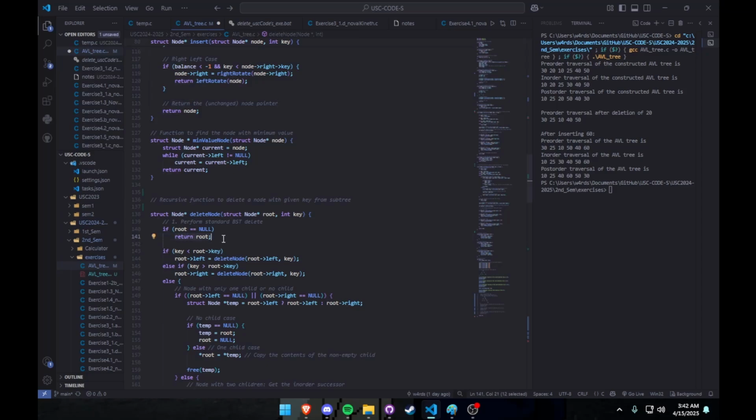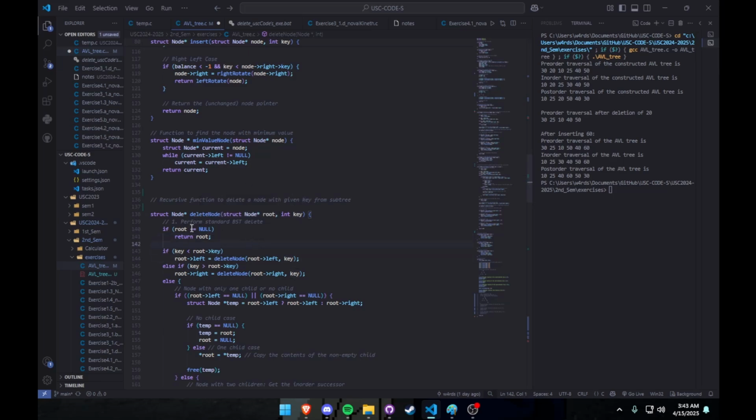If it is, then there's no point. It's already null. What is there to delete? So remember, deleting a node does not necessarily get rid of the information, but just makes the pointers before it, whatever's pointing towards it, null.